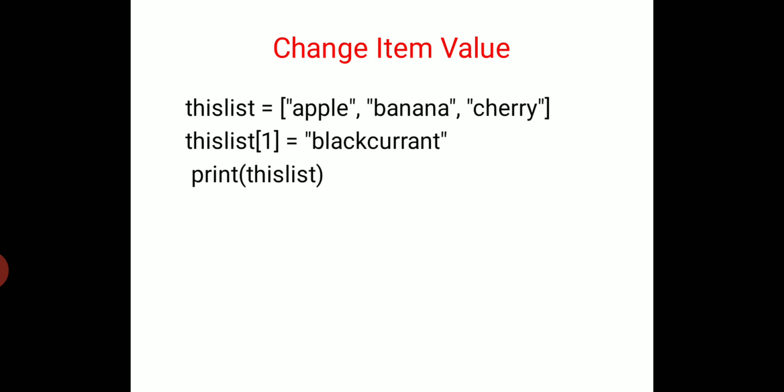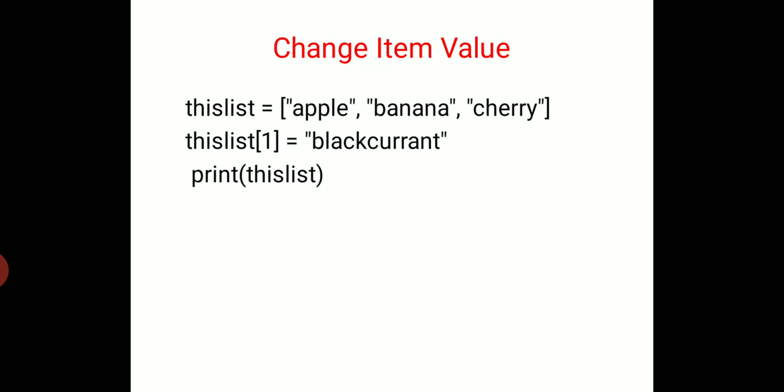Now you can change the item value. Suppose you want to swap some element in the list, you can just use the indexing number and put the value. Suppose I create this list with three elements apple, banana and cherry. In this list, I want to change the value at indexing 1 to blackcurrant.